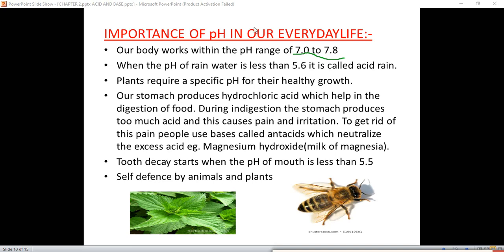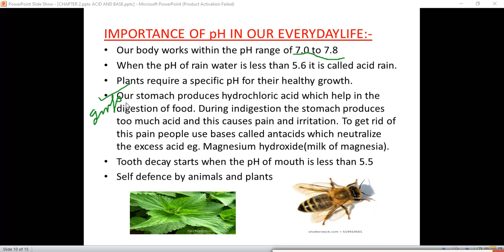Next point, very important point. You all know, in our digestive system, which acid is secreted? Yes, hydrochloric acid is secreted by our stomach, which helps in the digestion of food. But if this acid secretion is more, then what happens? We suffer from indigestion. In that case, we get pain and irritation in our stomach. And how do we get relief from that pain and irritation?